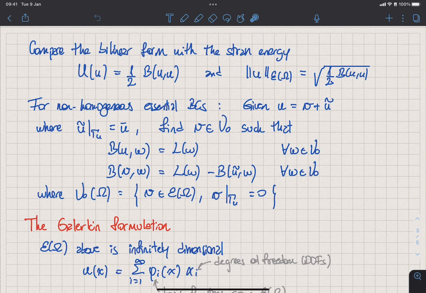And so there was this issue about functions that satisfy prescribed non-zero boundary conditions, because if I take two functions from that set that satisfy the boundary condition and I add them up, then that function is no longer in that set, right? So we have this issue, and therefore we thought about a way around it. And the way to solve that problem was basically to rewrite the solution as the sum of two parts, one v that can be taken from a space, and the other u tilde that satisfies the boundary conditions.